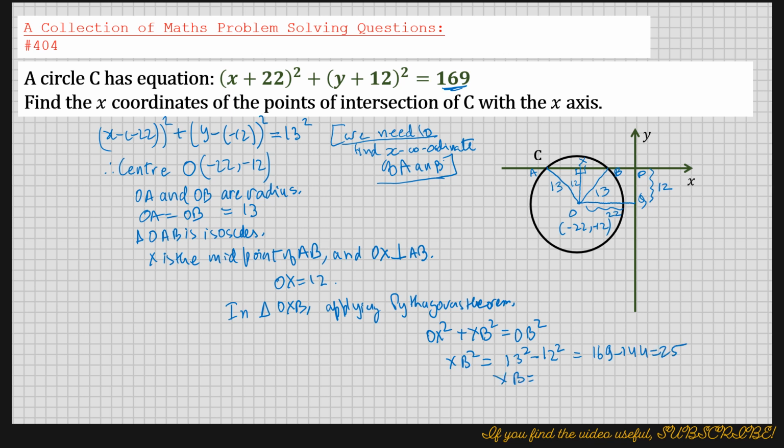So XB is the square root of 25, that is 5. So we now know XB is 5.